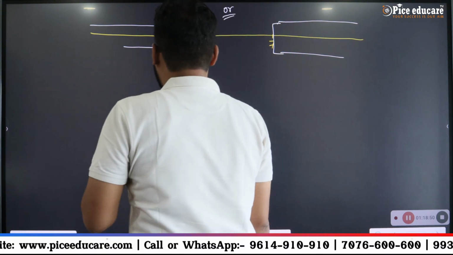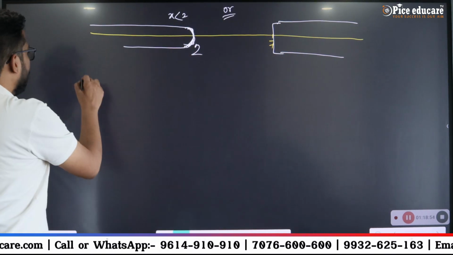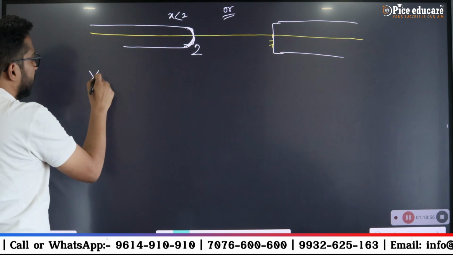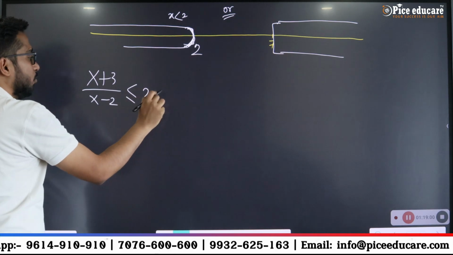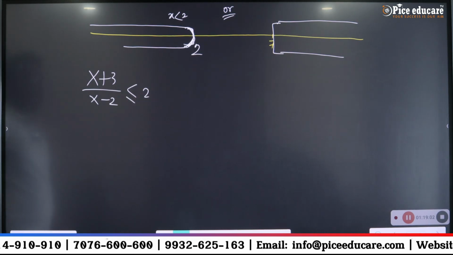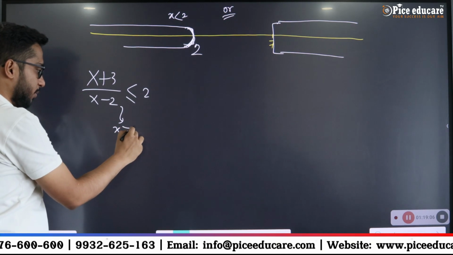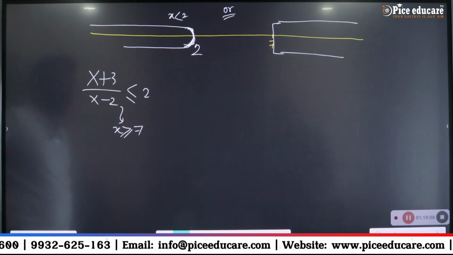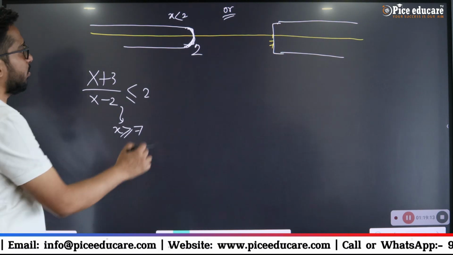Now you look at it carefully. This was the original problem, right? x plus 3 over x minus 2 less than or equal to 2. We got some partial answer to this, that x has to be bigger than or equal to 7. So what did we miss? We missed this part.